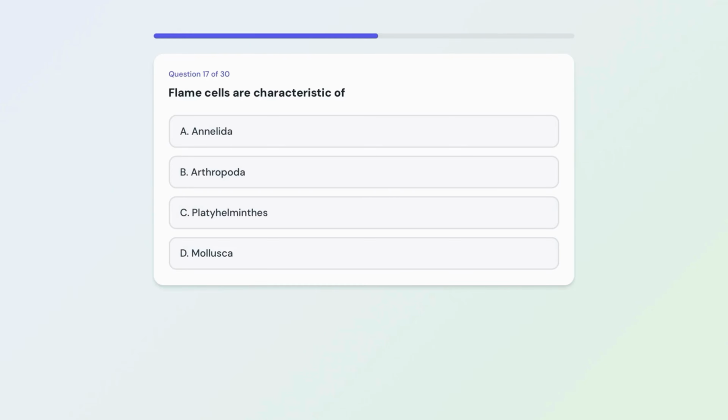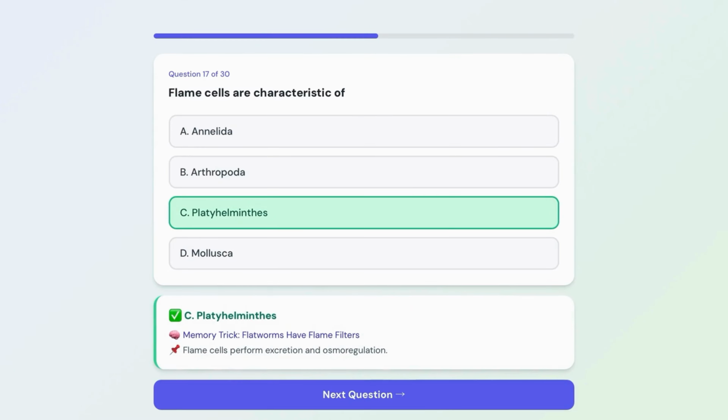Flame cells are characteristics of Annelida, arthropoda? They have given the same memory trick. Flatworms have flame cells. To remember this, you need to know that flatworms are part of phylum Platyhelminthes.